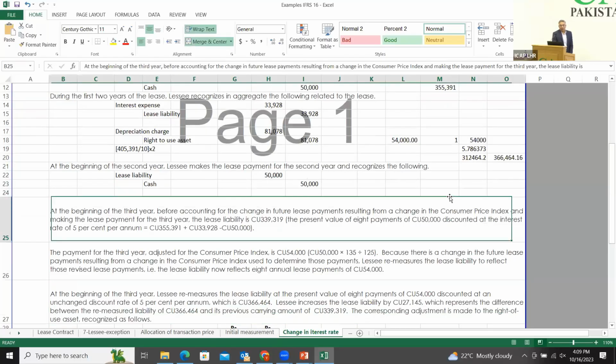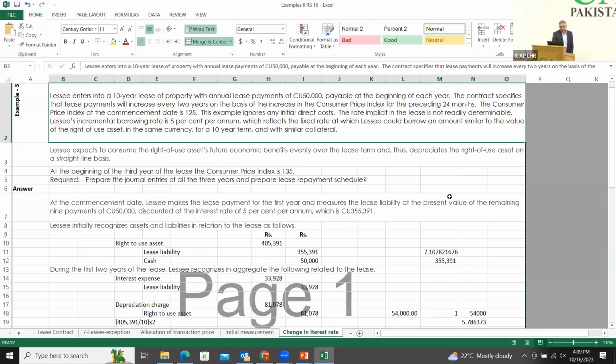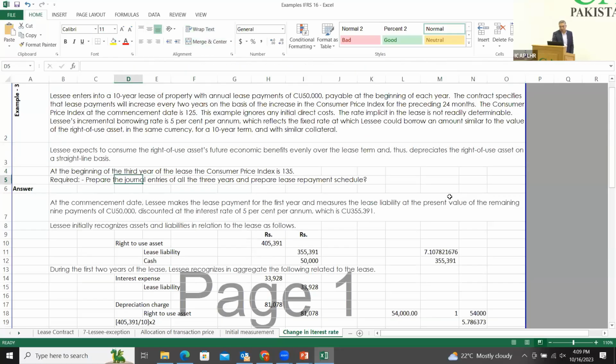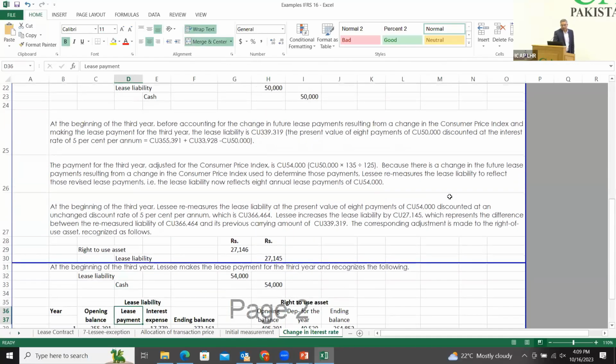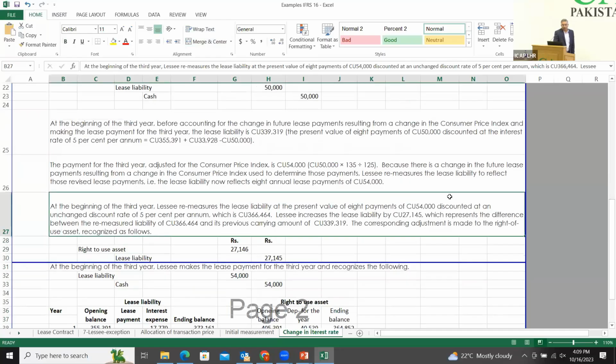And now at the start of the third year, or at the end of the second year, or at the start of the third year? Okay. So here is a recalculation. At the beginning of the third year, lessee remeasures the lease liability at the present value of 8 payments of 54,000 discounted at the unchanged discount rate.